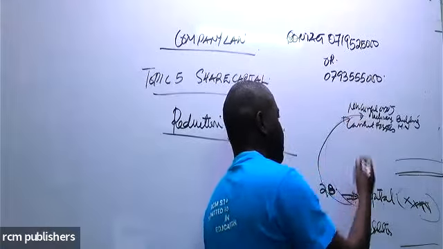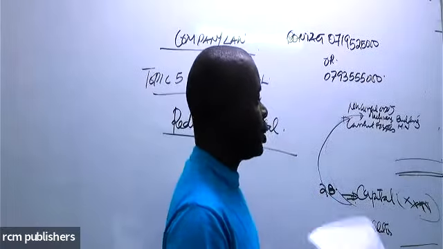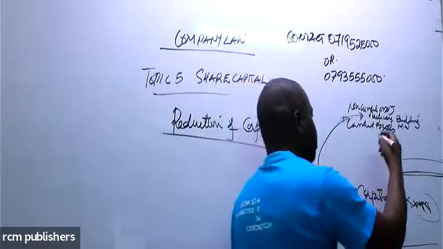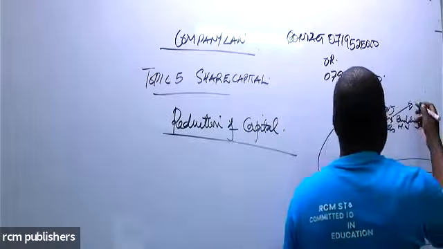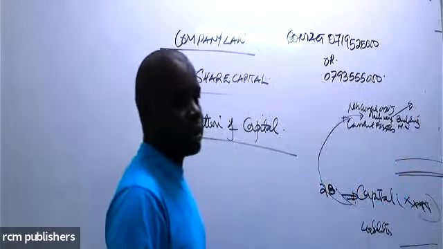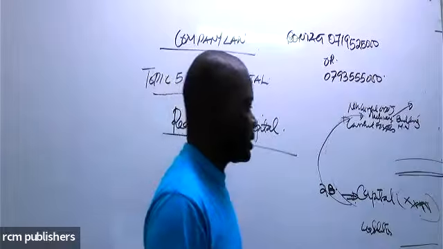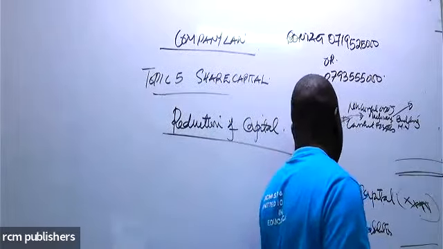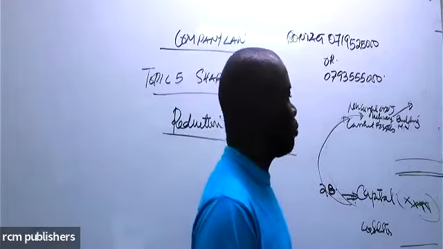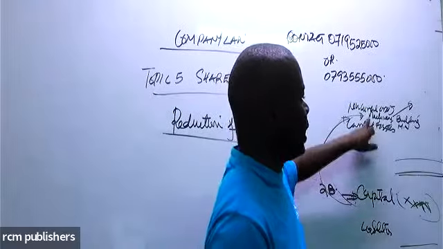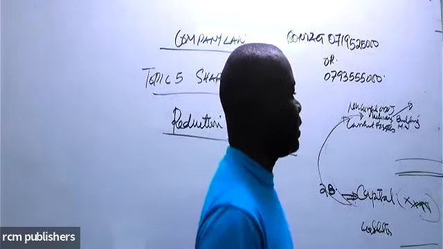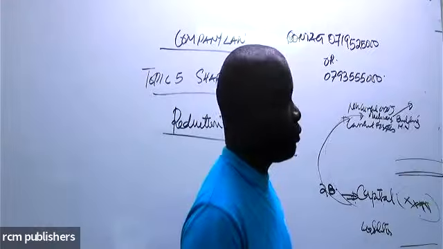You invested in assets, it could be machinery, but now they have lost value because of depreciation and all those. So it simply means that this 2 billion of capital is not represented by the available assets, because they have lost value.